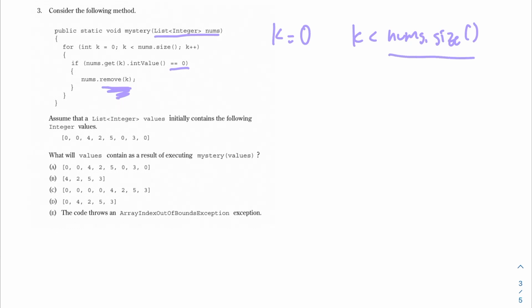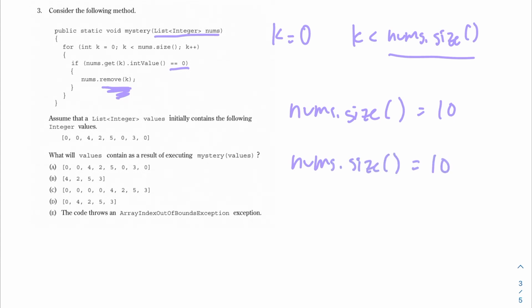Typically when you're doing a for loop, you anticipate that if nums.size was 10 at the beginning of the for loop, you would also anticipate that nums.size would be 10 at the end of the for loop as well. However, since we're removing things, it's possible that halfway through the for loop, our nums.size is now 8.